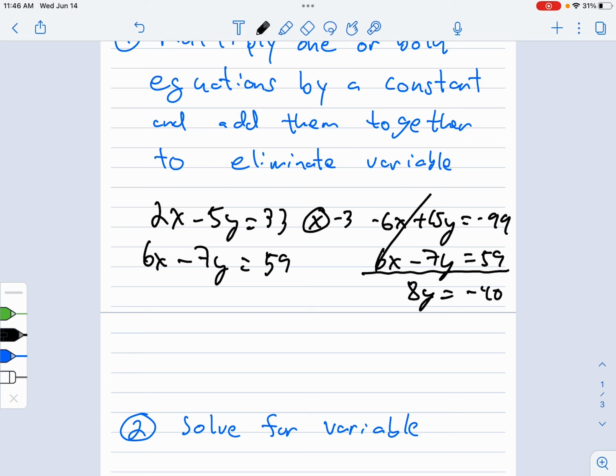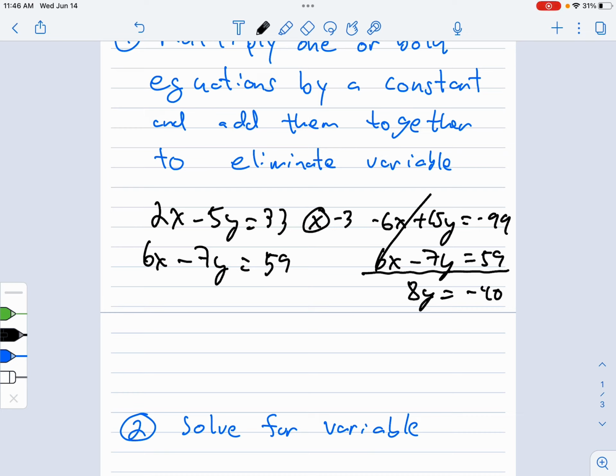That's always our goal, to eliminate one of the variables. So you multiply an equation by a number so that you can get an opposite coefficient. You could have done this with the y's as well, but it was a little more apparent that the x's were easier to work with.